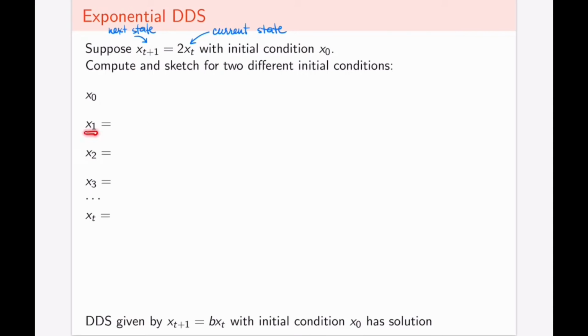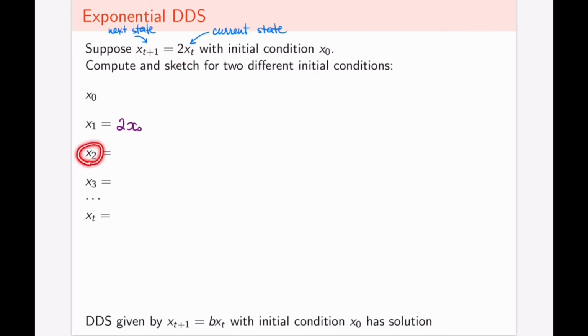For x1, we're going to take the previous state as described by our rule and multiply it by 2. So x1 is double the previous state, which is x naught. You can also think of that as plugging in 0 for t in the above formula. So if t is 0, you're going to get exactly this next line: x sub 1 is 2 times x0.